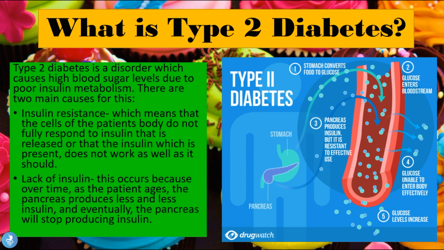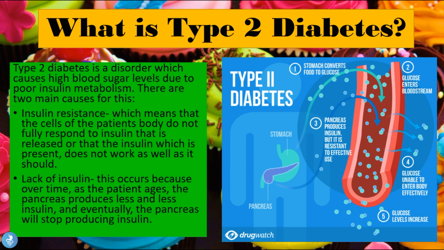So all this fancy explanation really means is that type 2 diabetes is a somewhat relative insulin deficiency, meaning that we do have insulin present, but it either works ineffectively on the body cells or the body doesn't respond to it in a way that is effective enough.